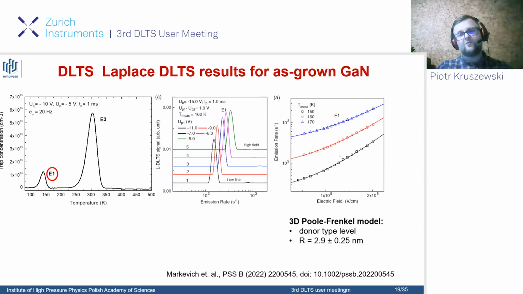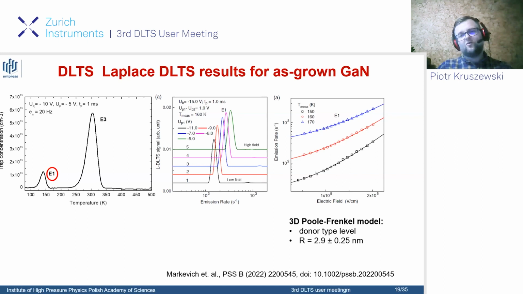On the right-hand side, you can see the emission rates shown versus the electric field calculated from these experiments at 3 different temperatures. And you can see that they follow very nicely the model, the 3-dimensional Poole-Frenkel effect model. Yes, the model where the electric field enhances the emission rate from deep traps.